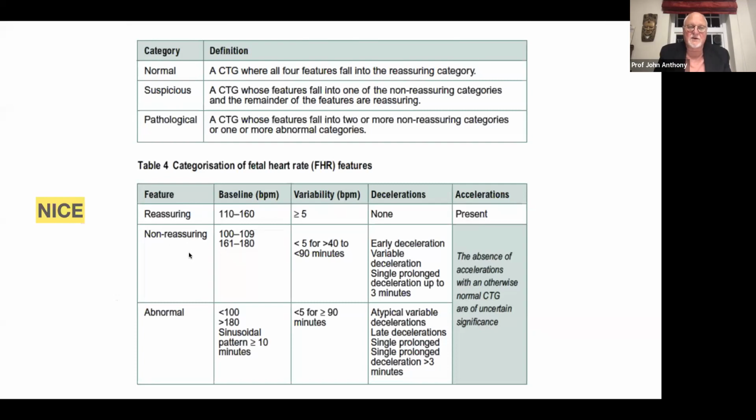It is a feature of the tracing that may allow you to make a diagnosis of either a normal, suspicious or pathological tracing. But by itself, the term reassuring or non-reassuring is a non sequitur. You actually need to look at these components to ascertain whether individual components, for example, of variability, a certain threshold for a certain time, fall into a non-reassuring category or not, or whether it's frankly abnormal.